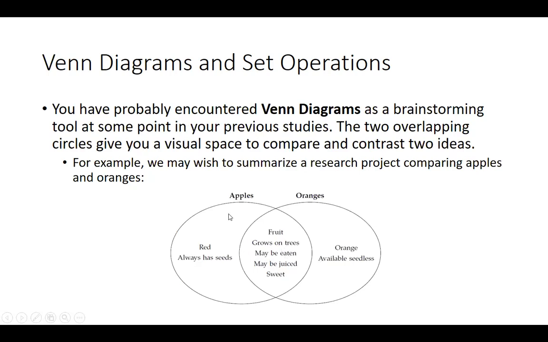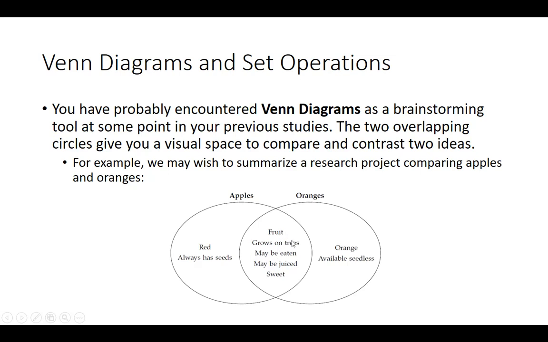So for instance, just in the apples circle, not in the overlap, would be red and always has seeds. Just in the oranges circle, but not in the overlap, would be orange and available seedless. And then in the overlapping areas would be things that apply to both.